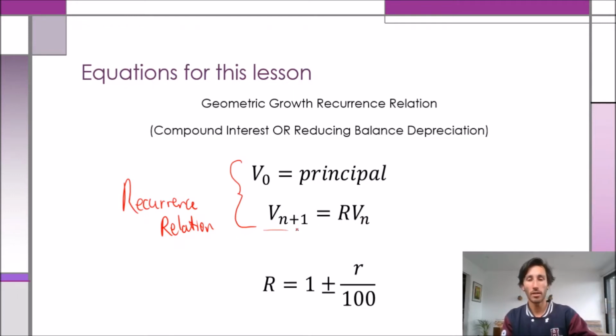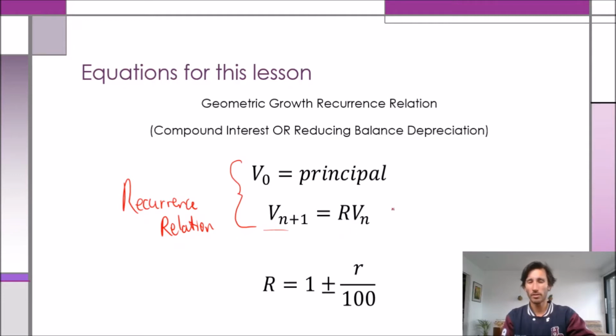Here we've got our next value is equal to some factor, and we'll call this the compounding factor. It's either going to be compound interest or reducing balance depreciation. So those are our 2 finance examples. That value times the previous value.